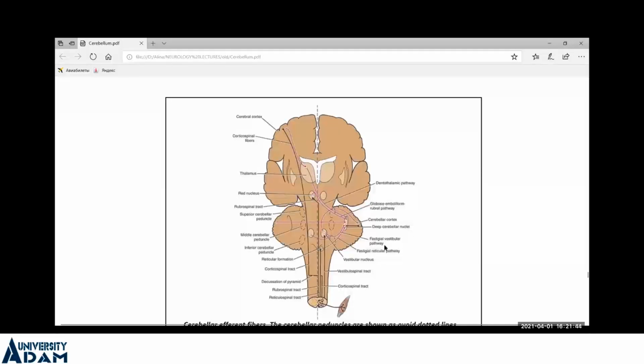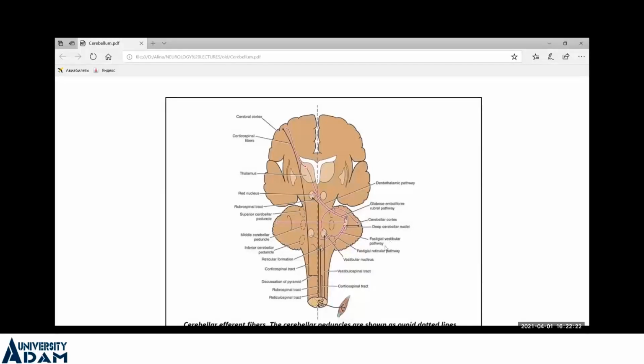What about the fastigial vestibular pathway? Fastigial vestibular pathway influences ipsilateral extensor muscle tone. So as you remember, we have muscle tone, and muscle tone comes both from the flexors and extensors, right? We can divide all groups of striated muscles into flexors and extensors, but the fastigial vestibular pathway influences ipsilateral extensor muscle tone.